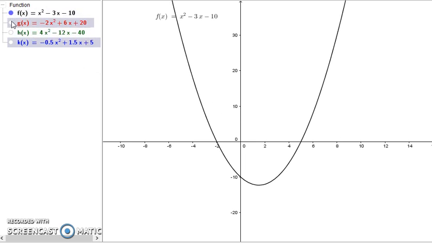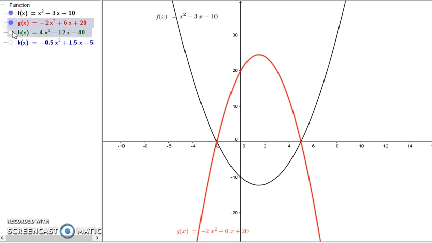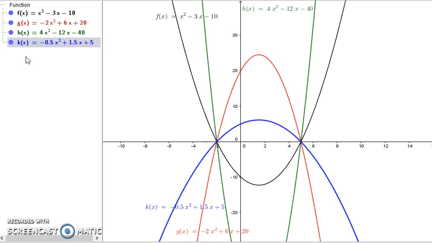So in order for us to have values that are in this family, they all have to have the same r and s values. But again, they can vary in the vertical stretch. They can vary in where their vertex is, although the x value of the vertex will still be the same. But the y value of the vertex is going to change.